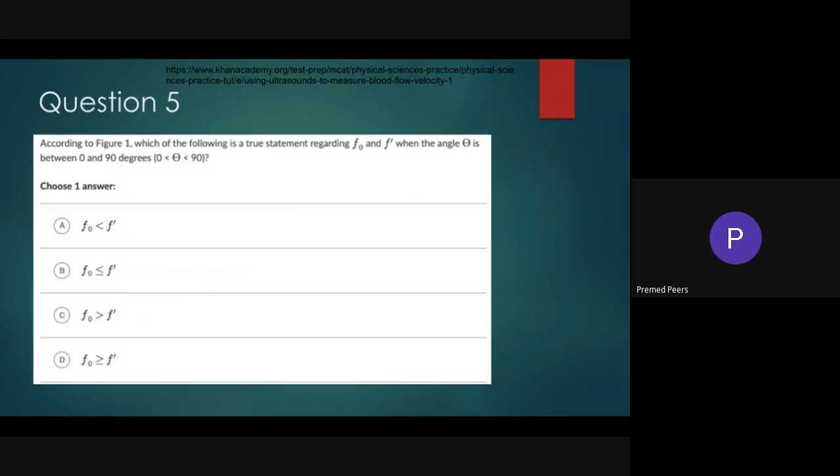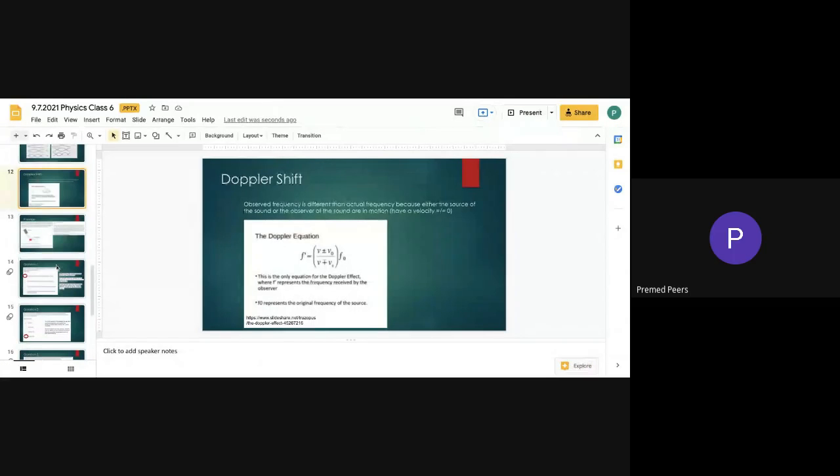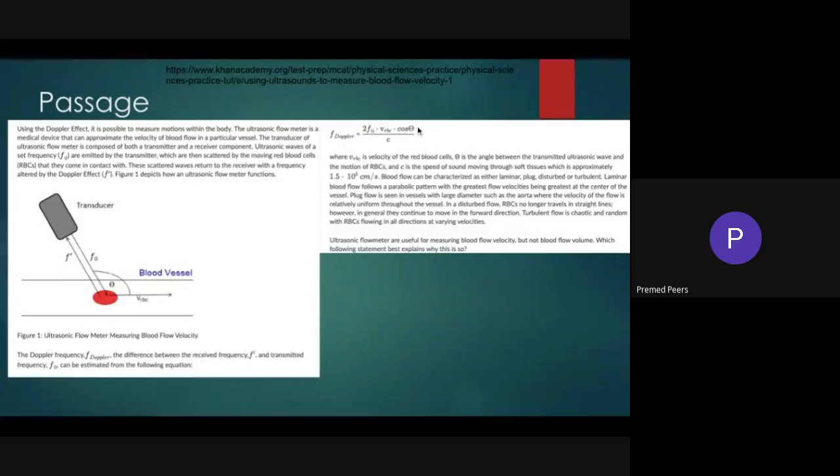All right, last question. Sorry for running over time. According to figure 1, which is a true statement if the angle is between 0 and 90 degrees? So again, we're using the equation. If this angle is between 0 and 90 degrees, what is that going to make your F Doppler?